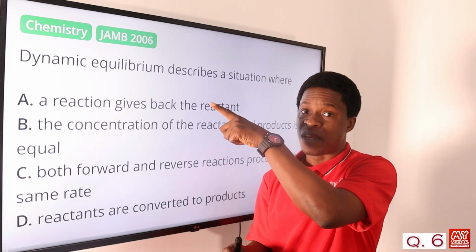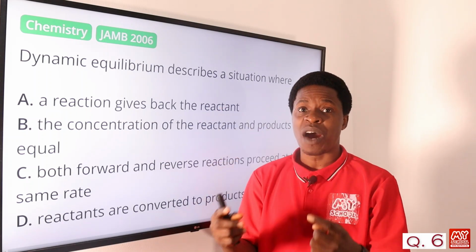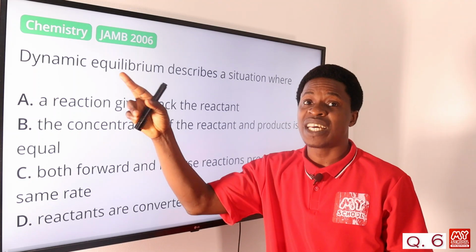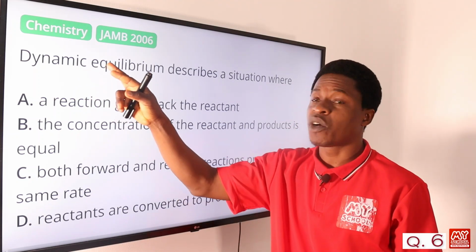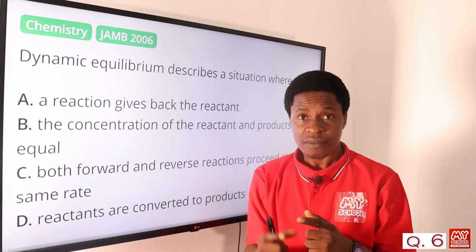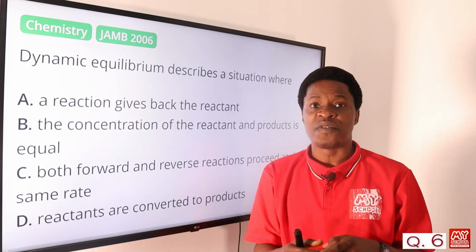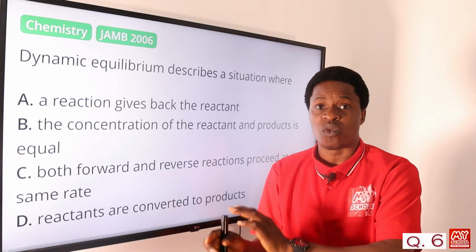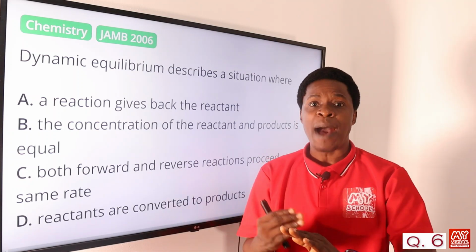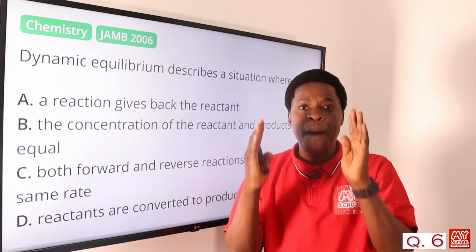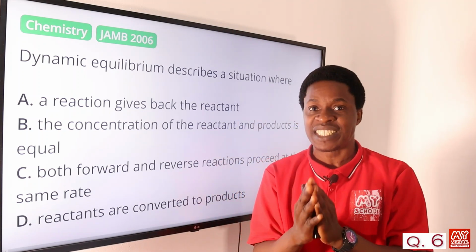The chemical equilibrium, a system that's already in equilibrium. Now, when there are changes in equilibrium, we talk about dynamic equilibrium. Dynamic equilibrium has to do with the rate at which the reversible reaction of the chemical system in equilibrium happens, where the forward reaction and the backward reaction happen at the same rate at the same time.